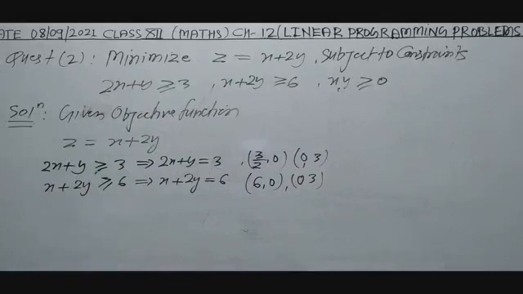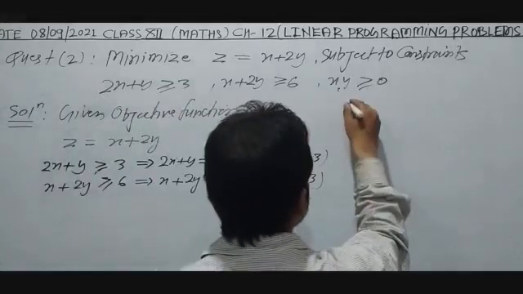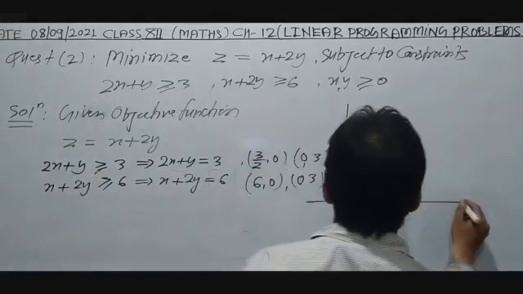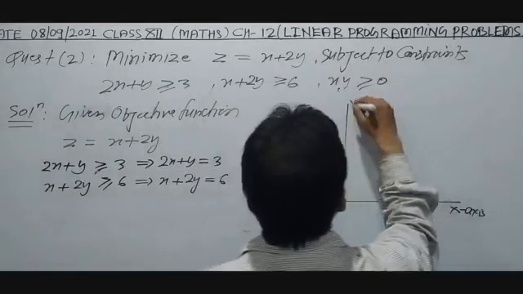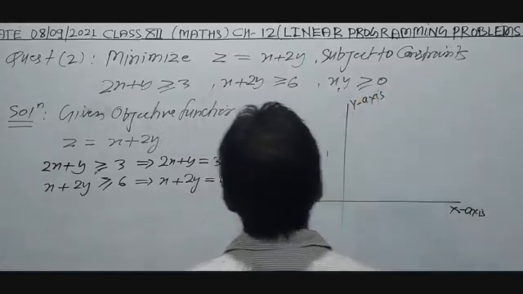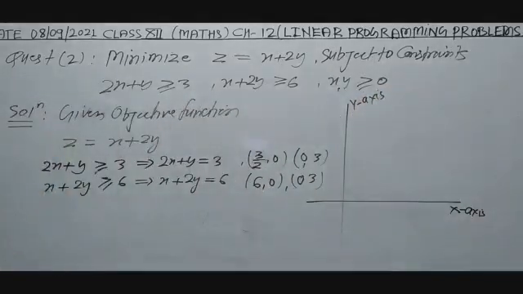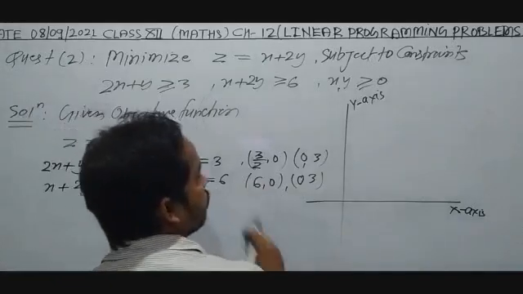See, this is the x axis, this is the y axis. So 3/2, 0 and 0, 3. 3/2 value is 1.5.